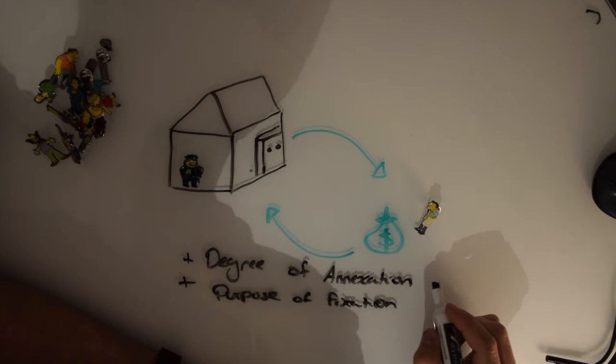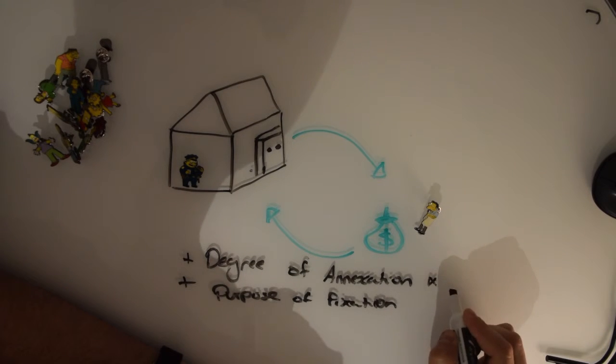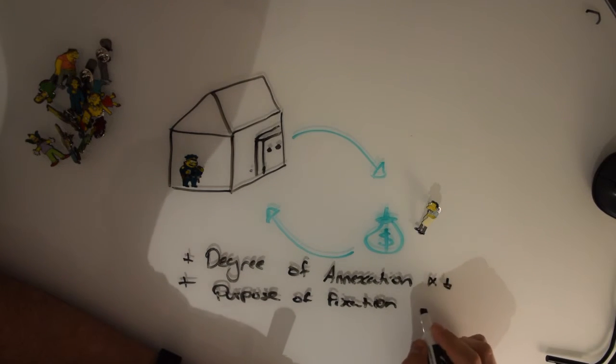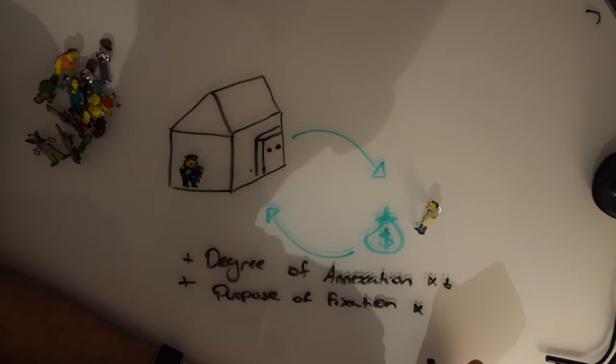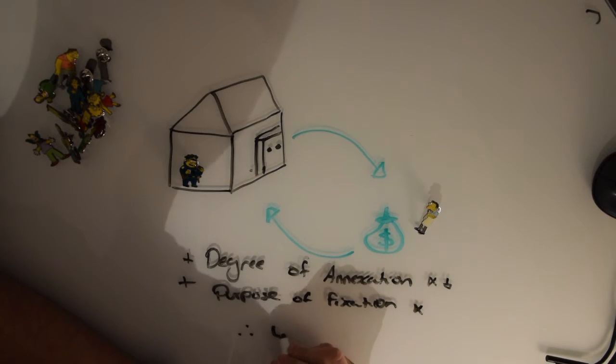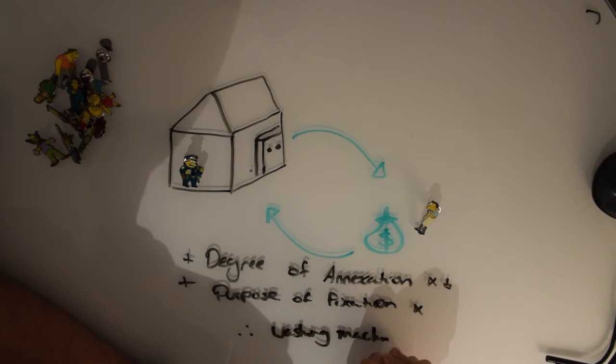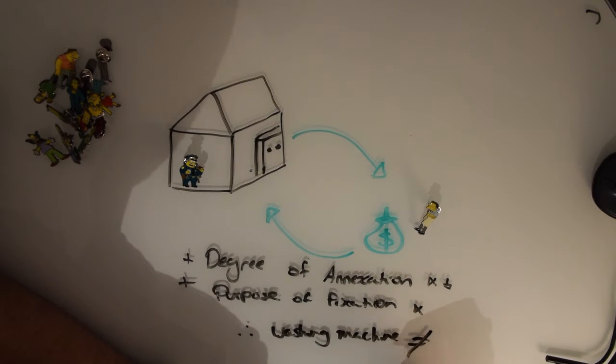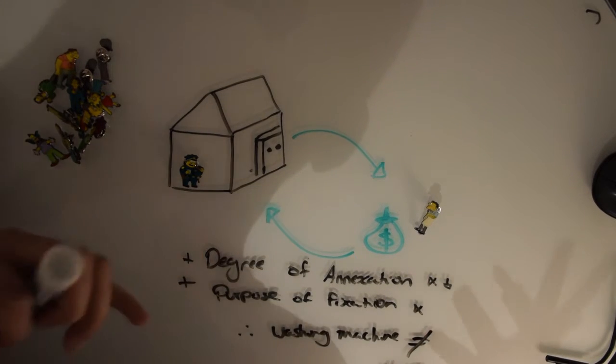Then both the degree of annexation is low and the purpose doesn't support Mo. Therefore, it would be concluded that the washing machine is not a part of the house. It does not become the house.